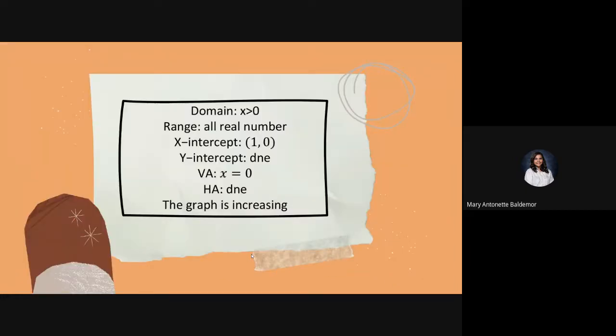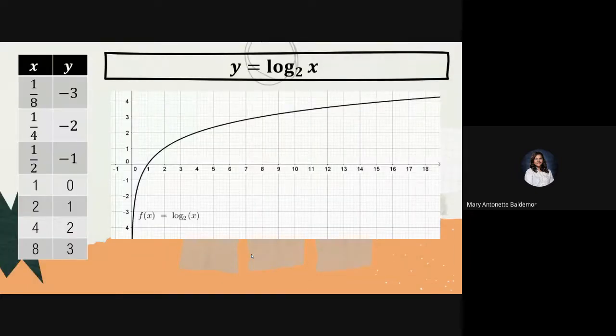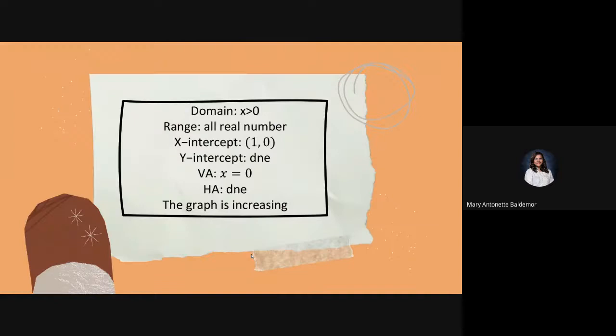To identify the domain of this logarithmic function, x is greater than 0. As you can see, the graph can only be found on the first and fourth quadrants of the Cartesian plane. The x values found there are only positive numbers. For the range, the range of this function will be all real numbers.